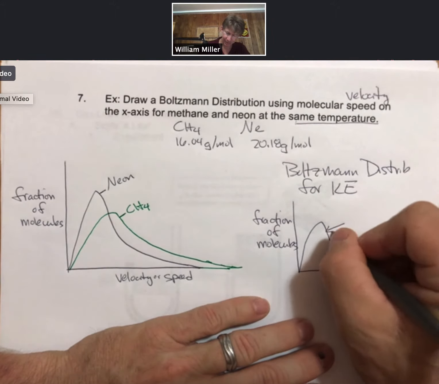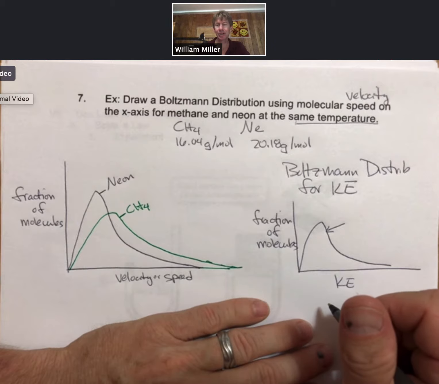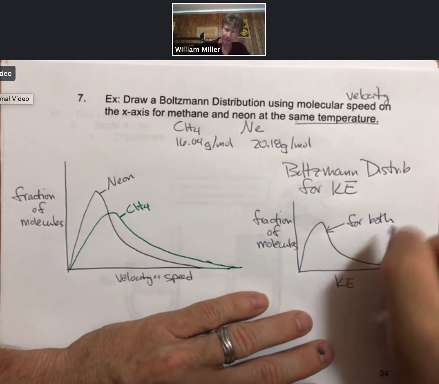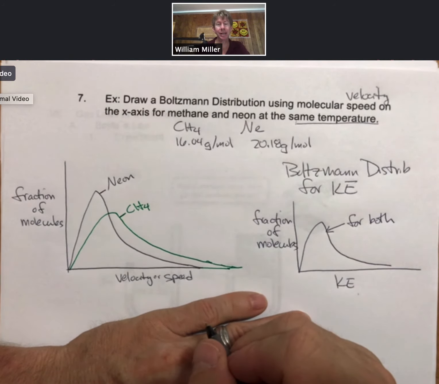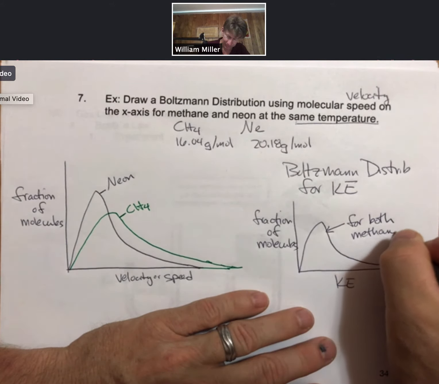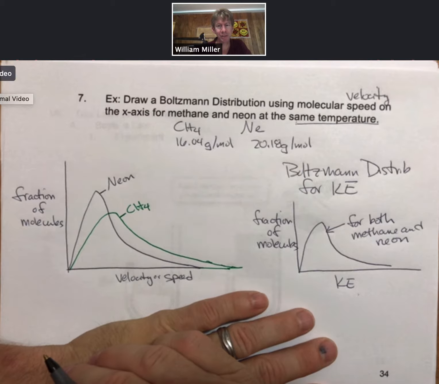So what we would just say is, since they're at the same temperature, kinetic energy average and the overall distribution is the same for both methane and neon and any other gas. So don't accidentally draw 2 different curves for these 2 substances.